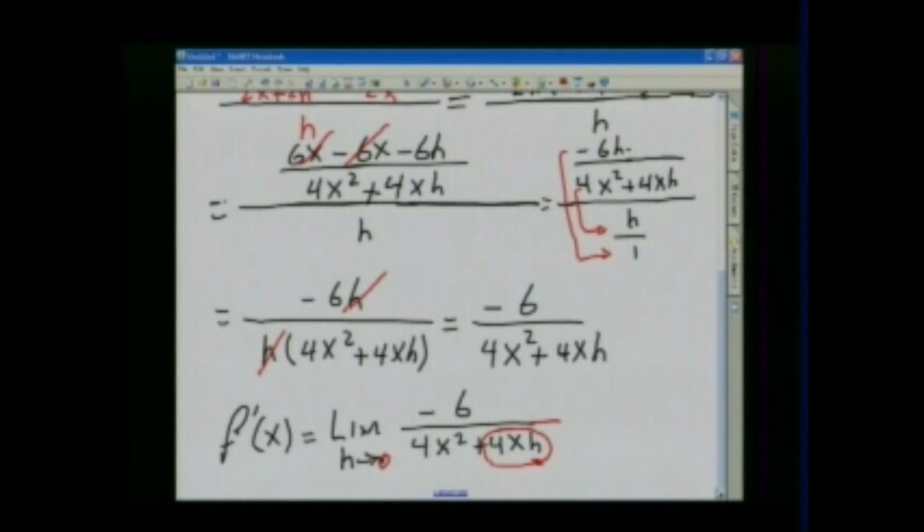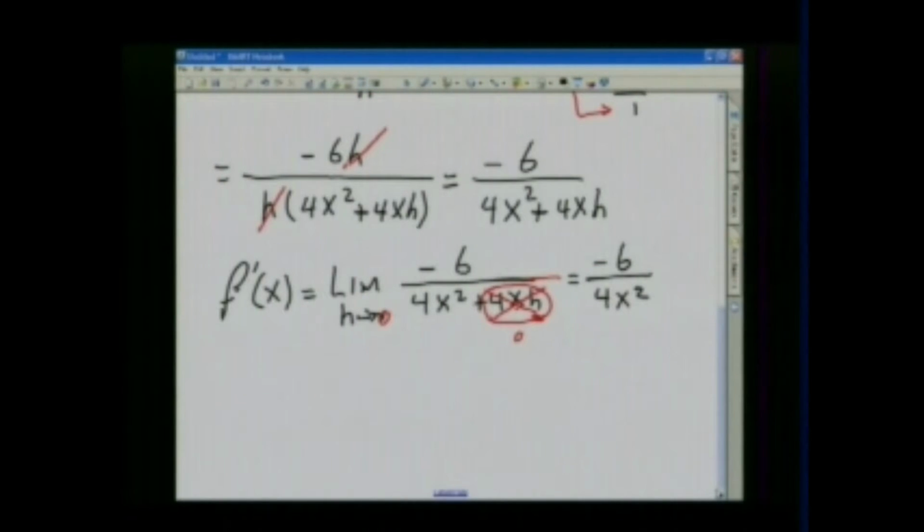The whole term would be driven to 0, because 0 times x is 0, 0 times 4 is 0. Therefore, the limit is equal to minus 6 divided by 4x squared. If I want, I can make this a little bit simpler by dividing the denominator and numerator by 2. So f prime of x is equal to minus 3 divided by 2x squared.